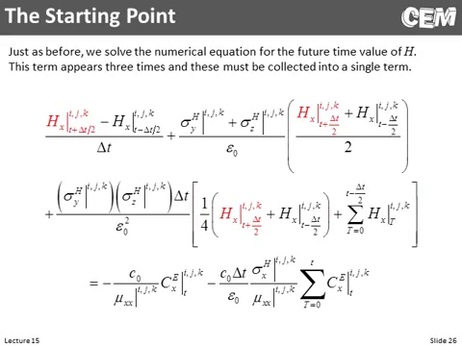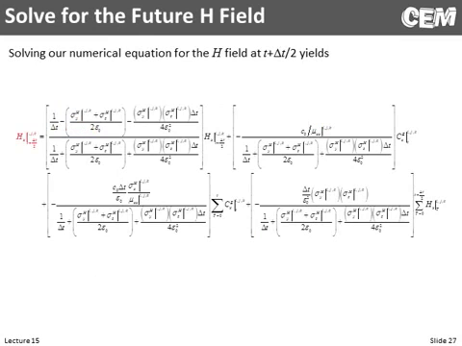And notice what is in red here are the magnetic fields at the future time step. So in fact, we have 3 of them. And what this tells us is we have to multiply everything out, bring the future time step over to the left side of the equation, everything else over to the right, and collect coefficients, and solve for this term. So there's a bit of algebra left in that.